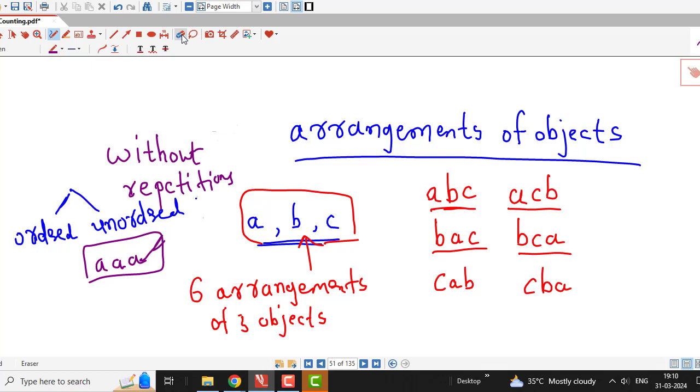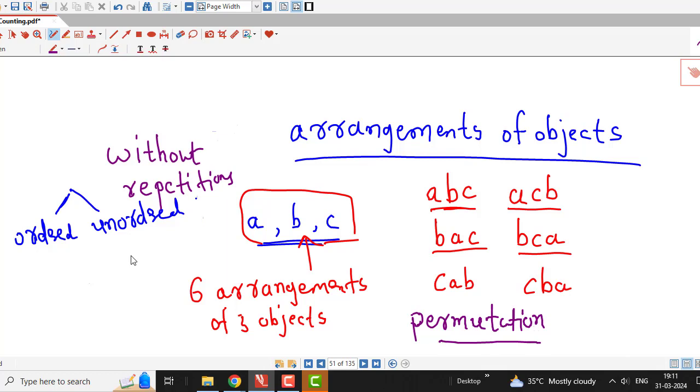So if we are writing the arrangements in which order is important and no repetition of objects is allowed, then that type of arrangement is called a permutation. Permutation is an ordered arrangement.